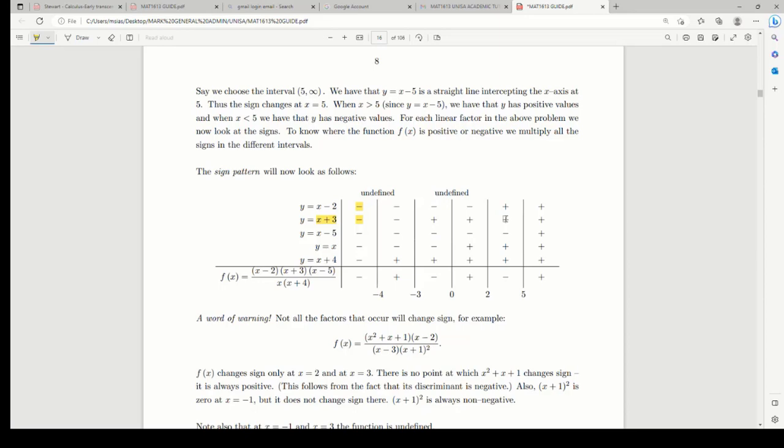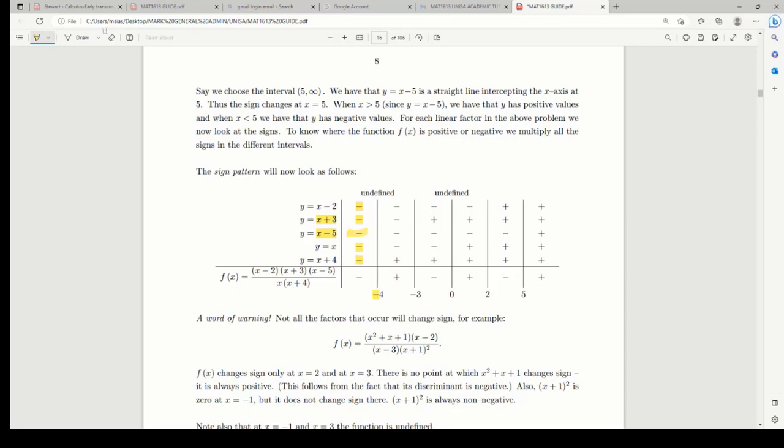And if you look at x - 5 and use, let's say, -6 in that interval -infinity to -4, you will see that it is also negative. -6 - 5 is negative. And the same applies to x, and the same applies to x + 4.